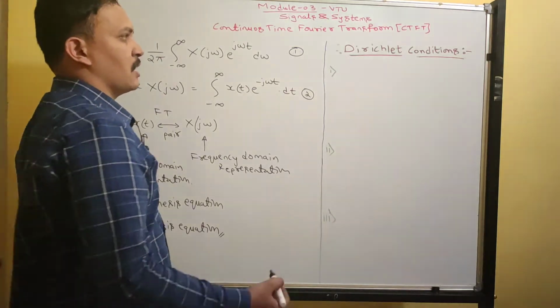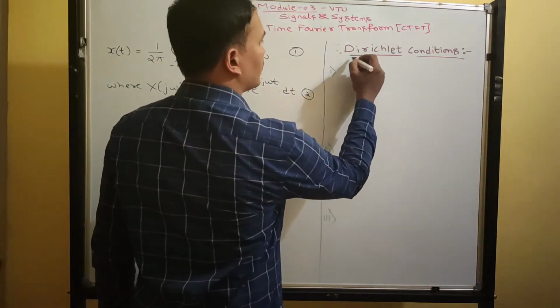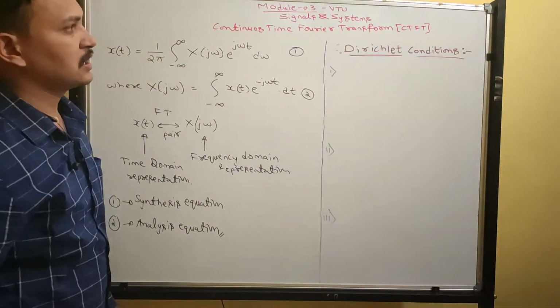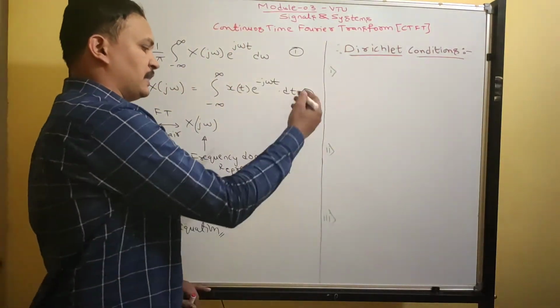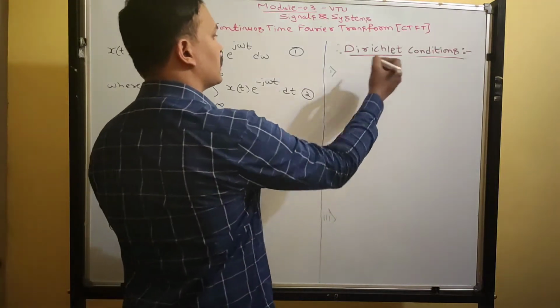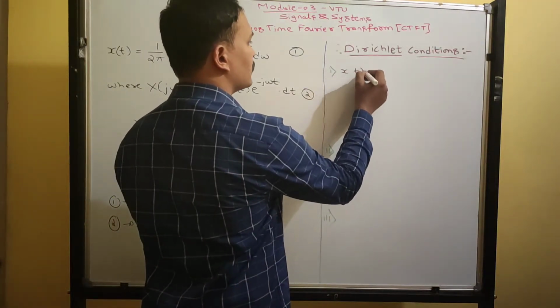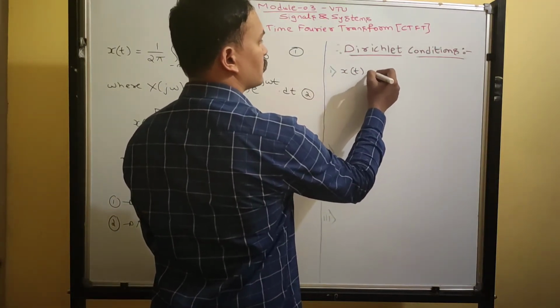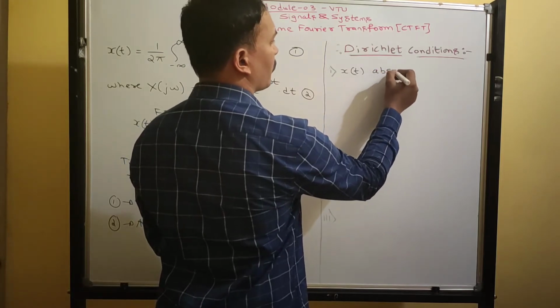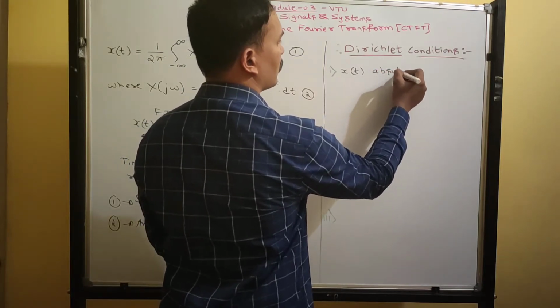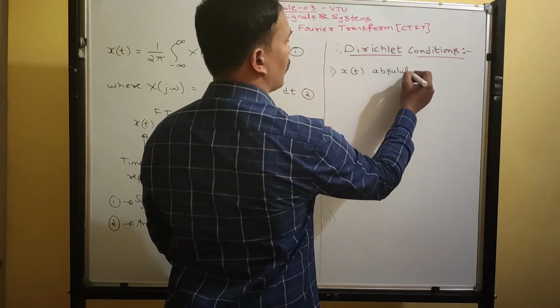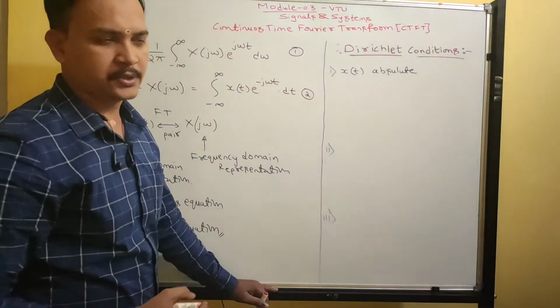Those are the Dirichlet conditions. Totally there are 3 conditions. The first condition is x of t should be absolutely integrable.